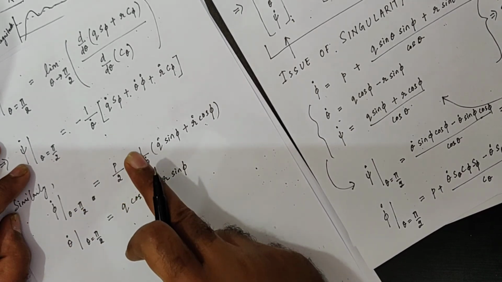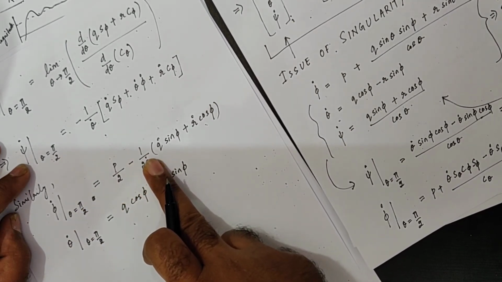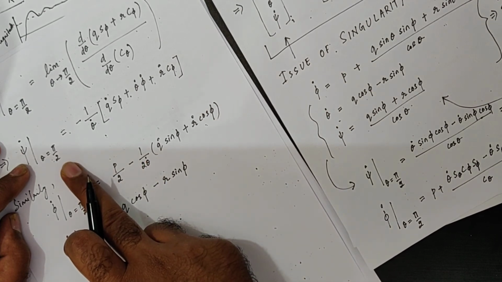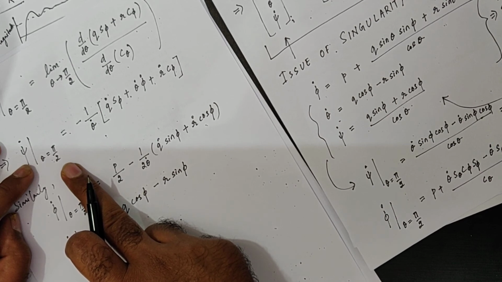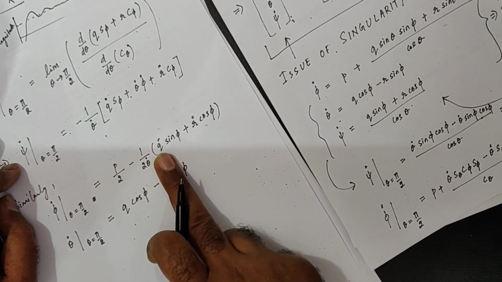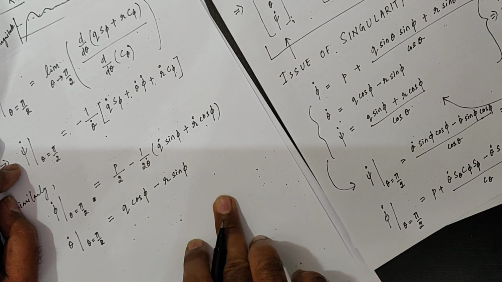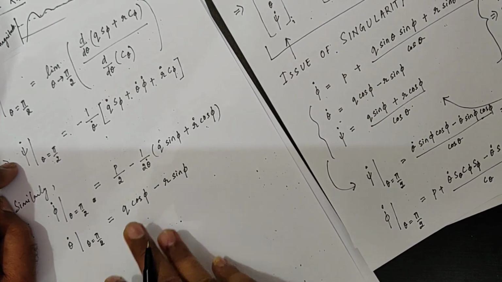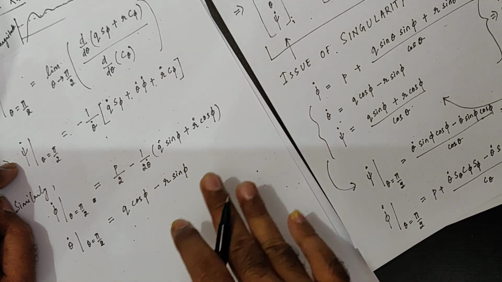If we implement this when theta tends to this, then we can get around the singularity issue. So we need to remember this, and we need to switch when required.